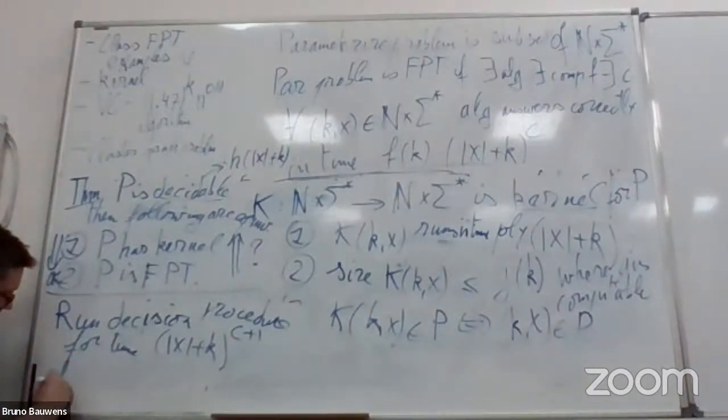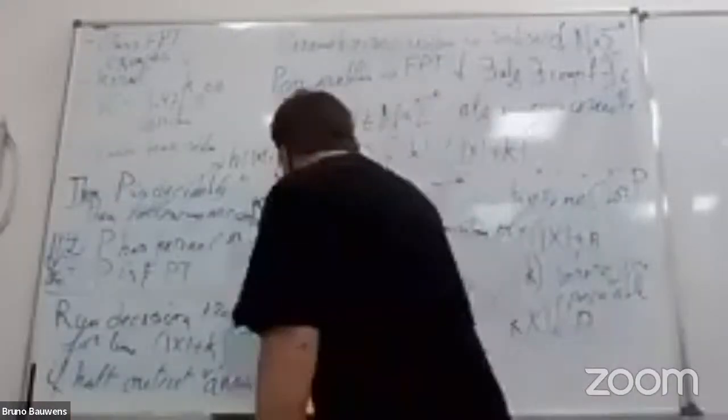If it halts with an answer, that means the equivalent instance is of fixed size, and otherwise output the pair (x, k). So that is the kernel procedure.